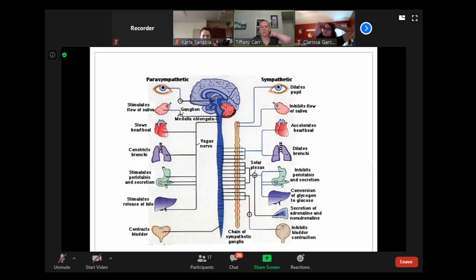So it's going to have to synapse on the ganglia before it can go do the rest and digest aspect, and the sympathetic being the fight and flight.